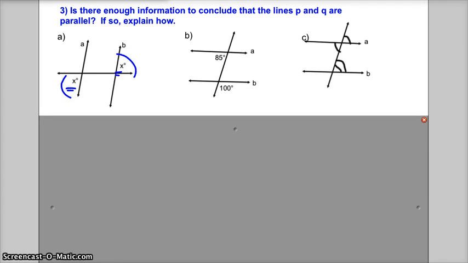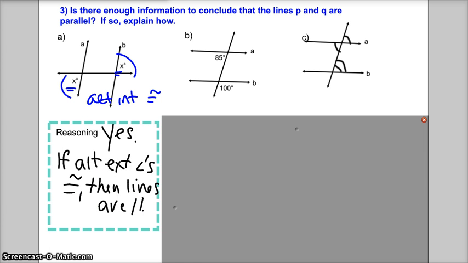These two angles are alternate interior. Alternate interior angles need to be congruent. So the wording for this one would be, yes, you can conclude that these two lines are parallel because if alternate interior angles are congruent, then the lines would absolutely have to be parallel.